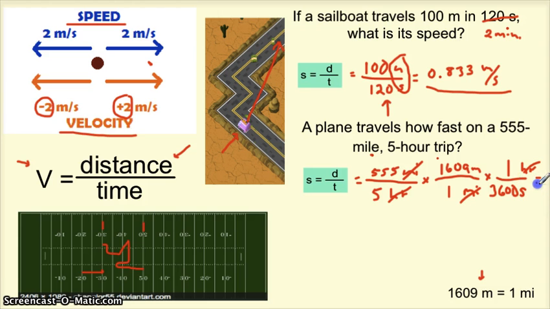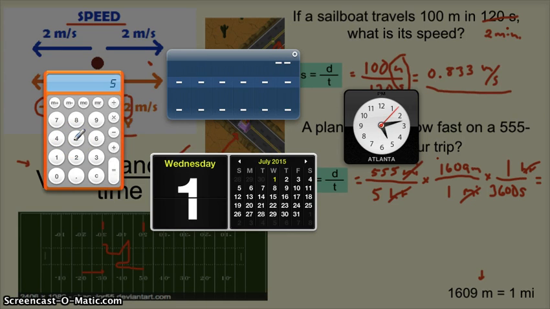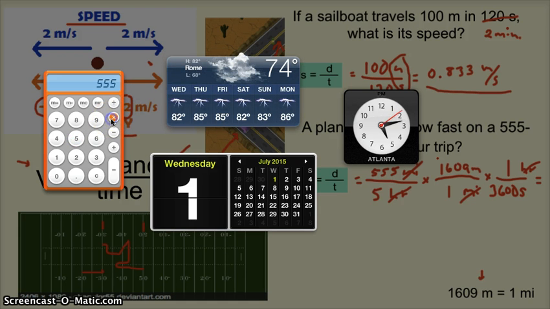So that's when we multiply across the top. Let's see what we have. 555 times 1,609 times 1, which I'm not going to put in.